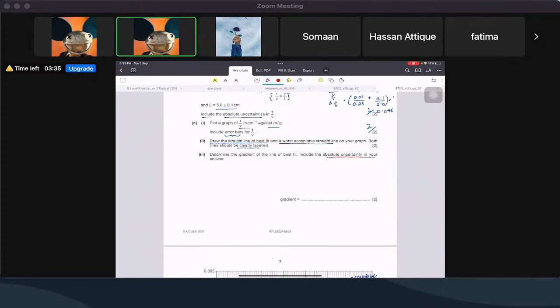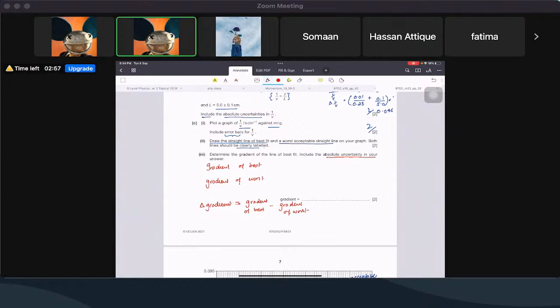So what you're going to do is find the gradient of best fit, and then you're also going to find the gradient of worst fit, and then to find the uncertainty in the gradient, you're going to subtract the gradient of best minus the gradient of worst. This is going to give you the uncertainty in the gradient, so make sure that you follow this.